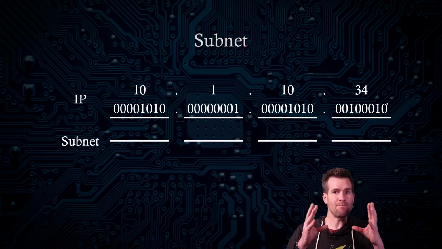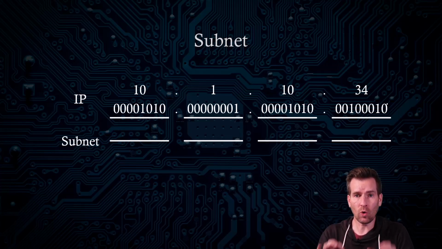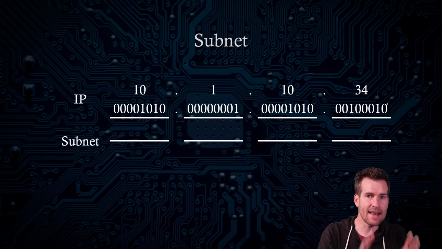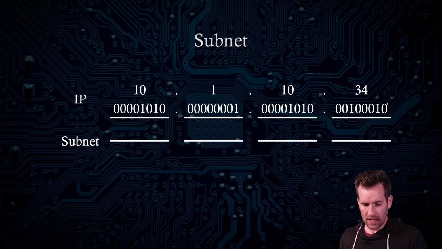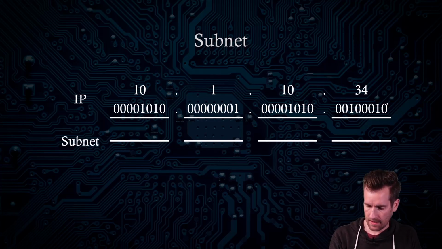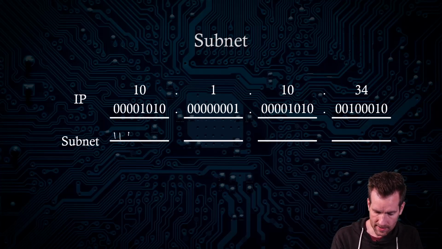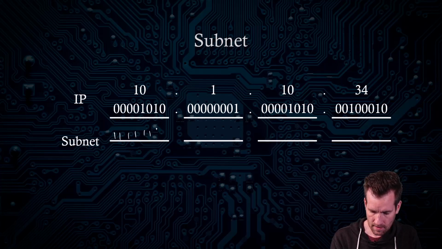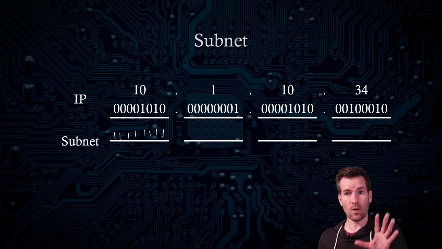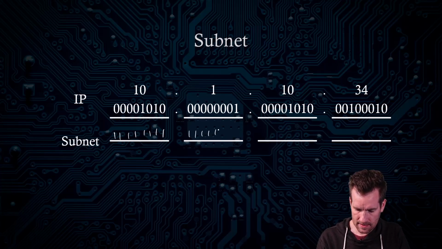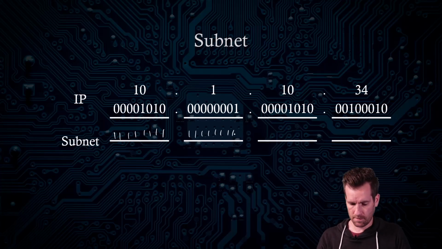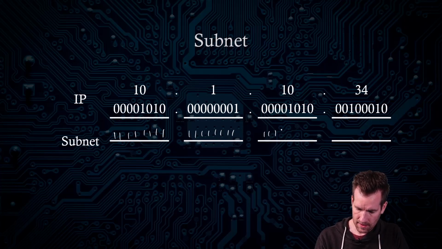What a subnet mask did is it told us which were the network bits and which were the host bits. So in this case, I would enter that these are all network bits, and that would be represented by 1. It would say that these are network bits. Same thing with this, those are all network bits. And same thing with all this, these are all network bits.